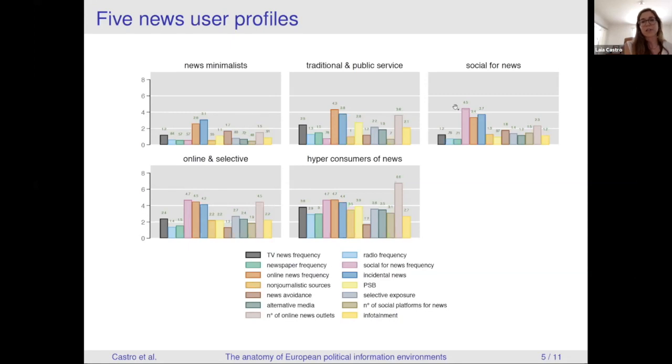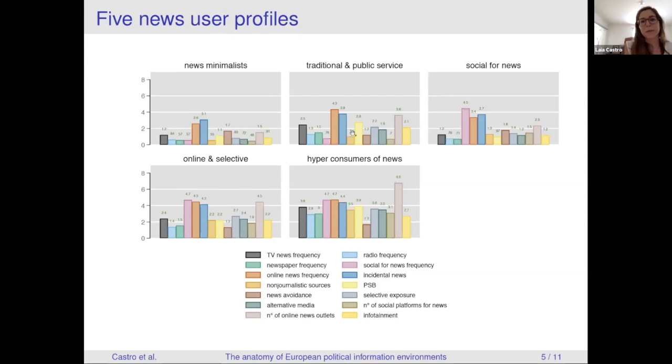And then we have another interesting group, which is also to some extent minimalist in terms of frequency and use of different outlets for news. It's also minimal, but with the difference that they tend to use social media platforms in greater numbers than the rest of the previous groups.